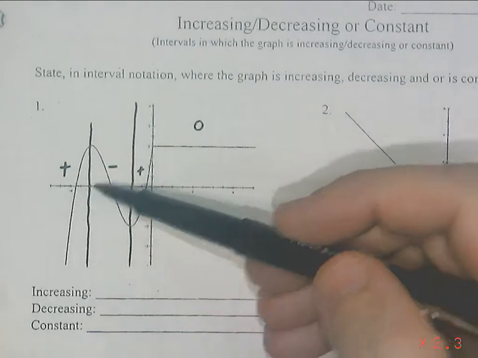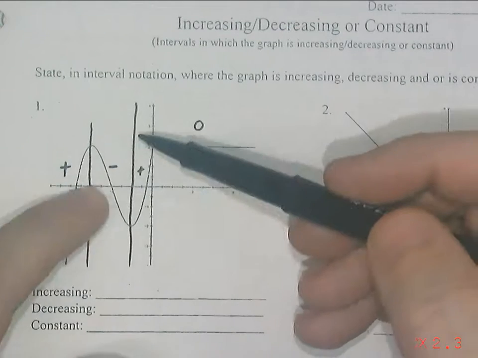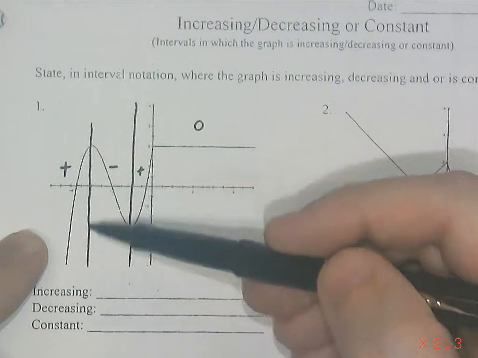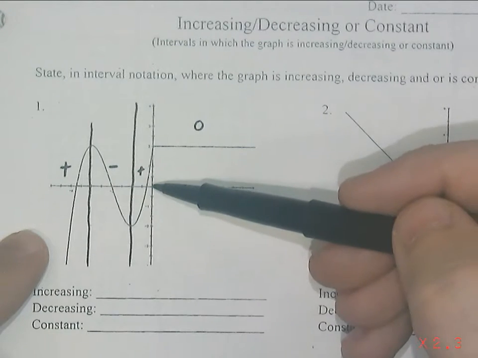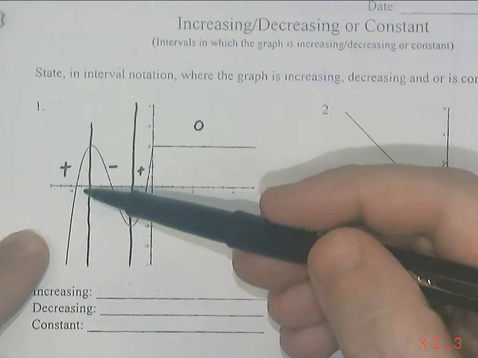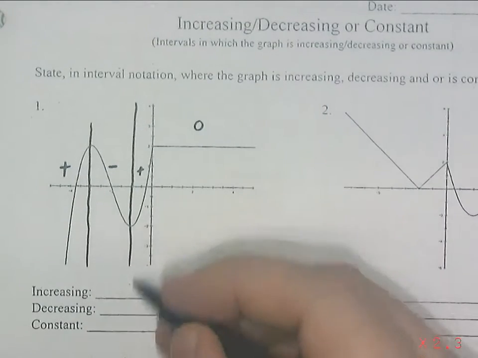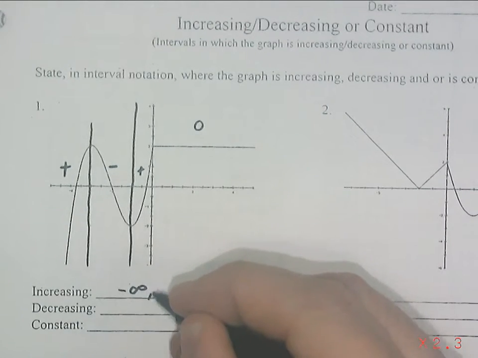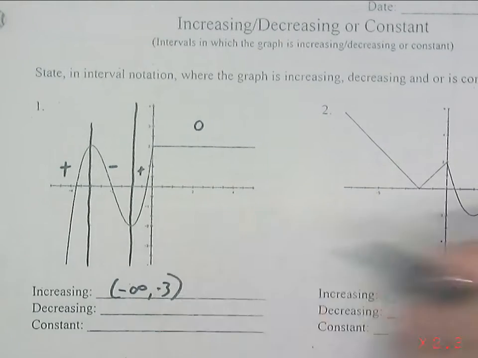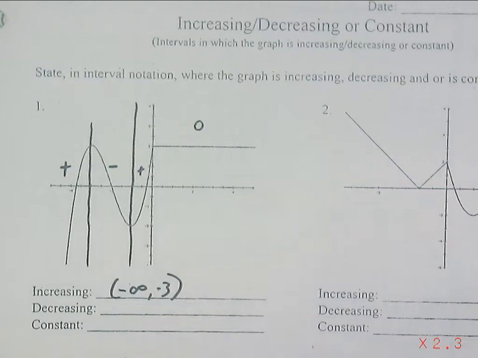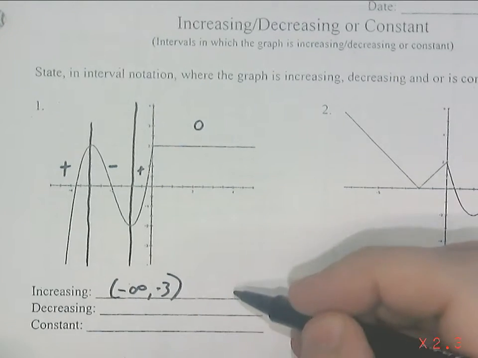Looking at this section, from negative infinity on the x to negative 1, negative 2, negative 3, so from negative infinity to negative 3, it is increasing. And then it is also increasing from negative 1 to 0. Now there's two intervals that are increasing.